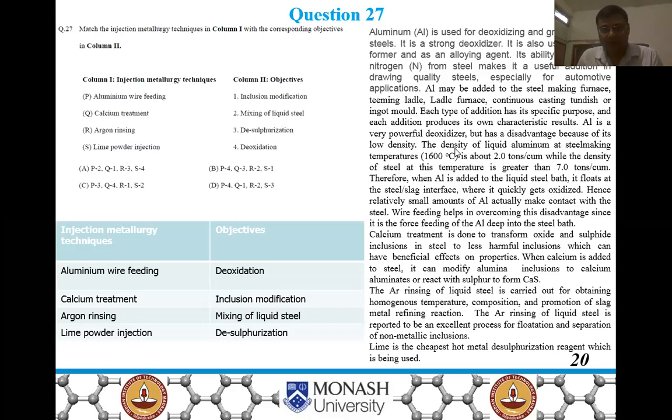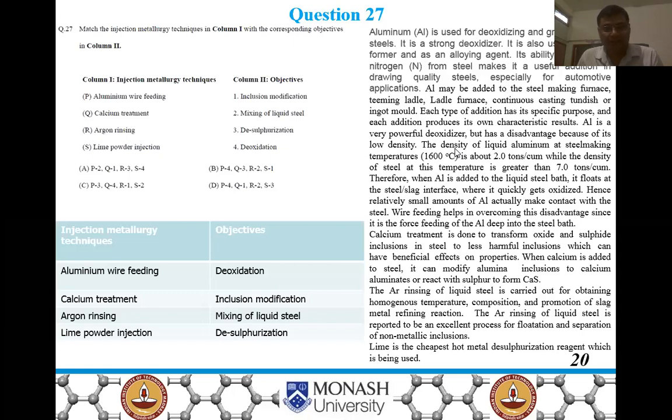Therefore, when aluminum is added to a liquid steel bath, it floats at the steel slag interface where it quickly gets oxidized. Hence, relatively small amounts of aluminum actually make contact with the steel.